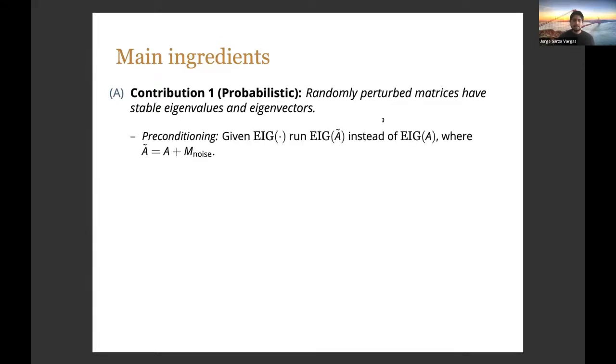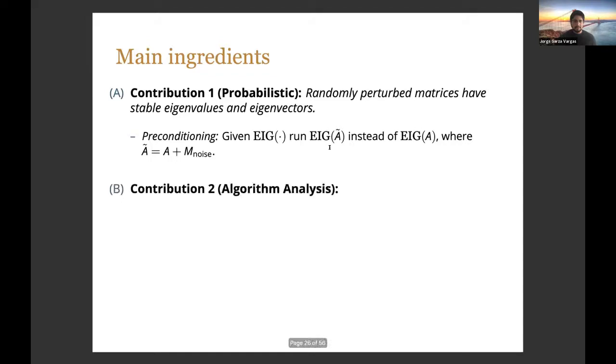Given some algorithm that you're going to use to solve the approximate diagonalization problem, instead of running it on the matrix you're interested in, first perturb the entries of the matrix by tiny random noise. That's going to be A tilde, and then run your algorithm on A tilde.